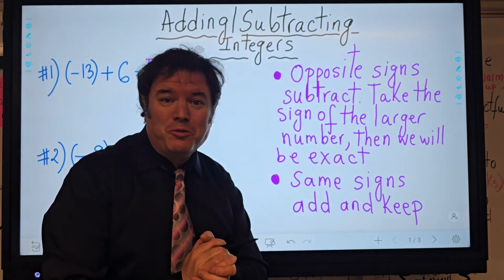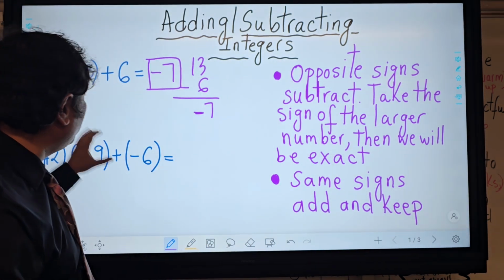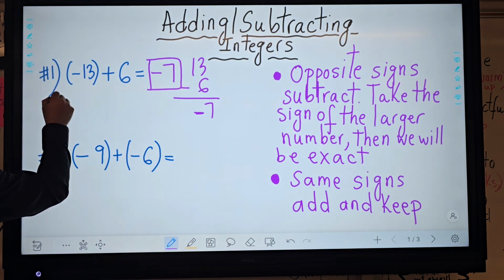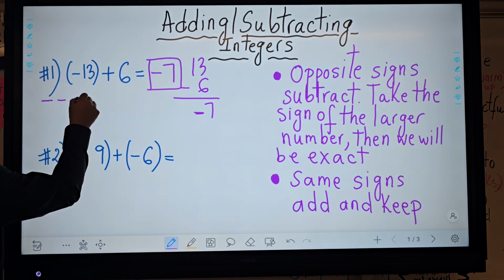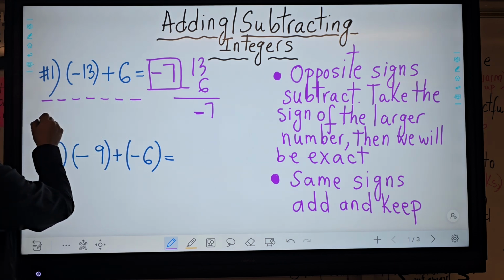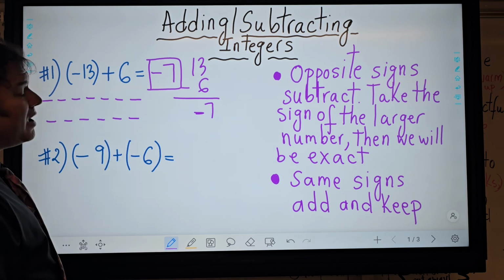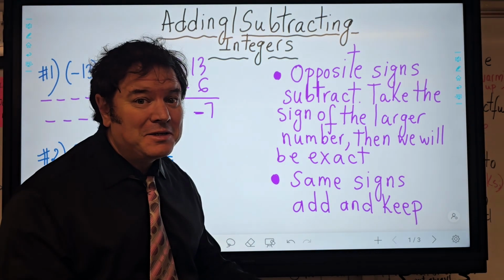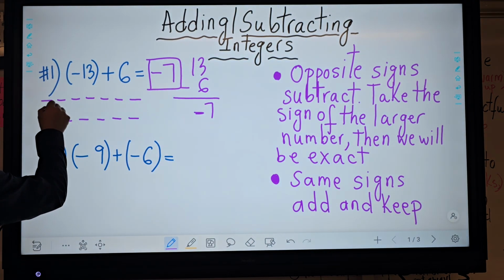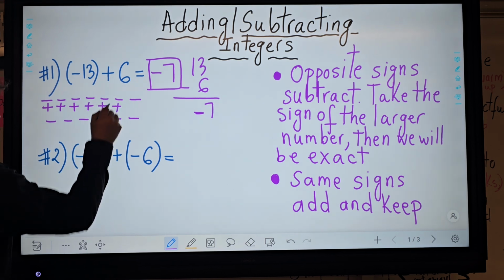Another way of looking at this problem is by using algebra tiles. We have negative 13, so 13 negatives: 1, 2, 3, 4, 5, 6, 7, 8, 9, 10, 11, 12, 13. And then we have positive 6, so let's put 6 positives under some of these negatives: 1, 2, 3, 4, 5, 6.